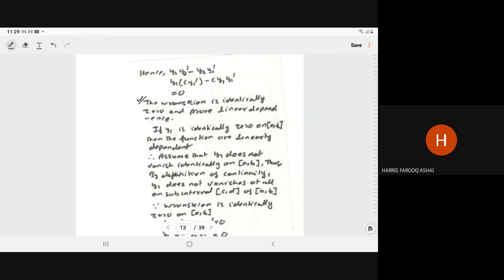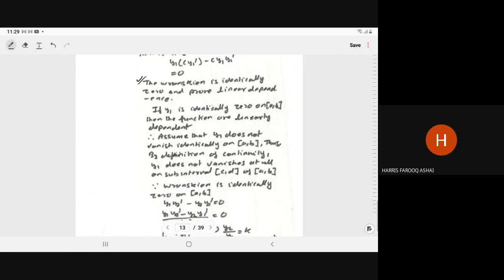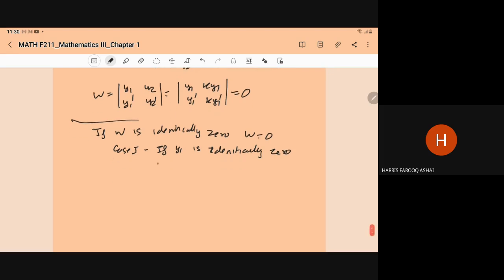If y1 is identically 0, then the functions are linearly dependent. The 0 function is always linearly dependent with the other one. So case first, if y1 is identically 0, then there is no need of proof. Then y1 and y2 are LD.